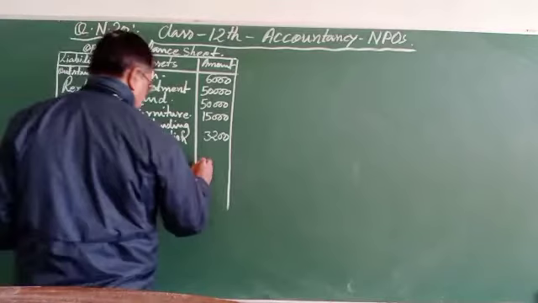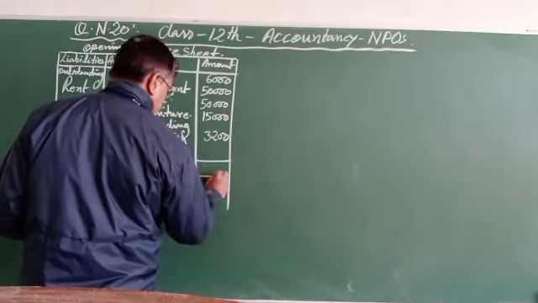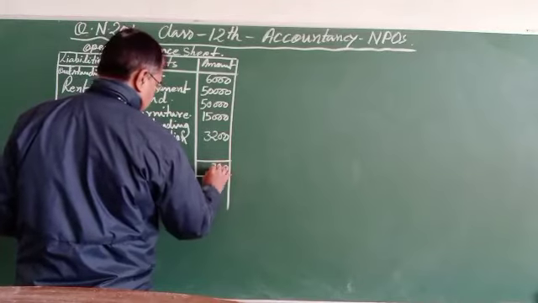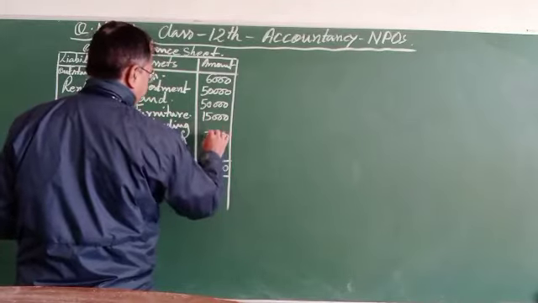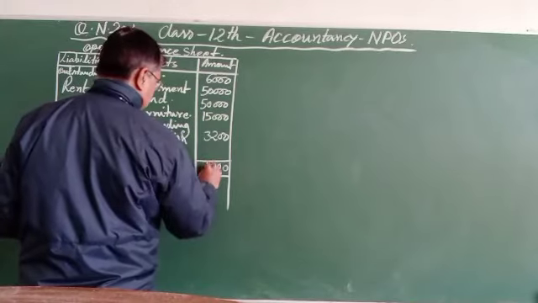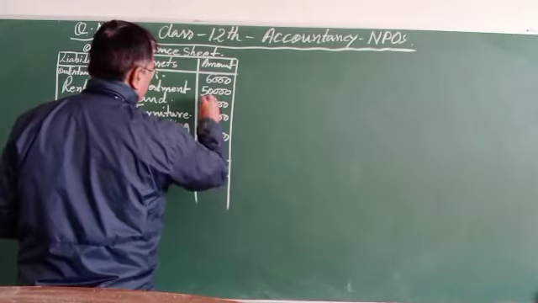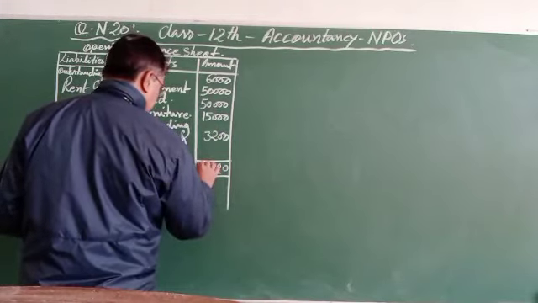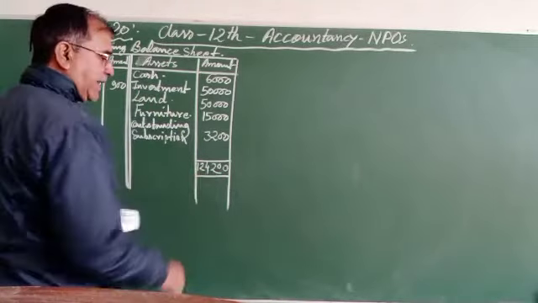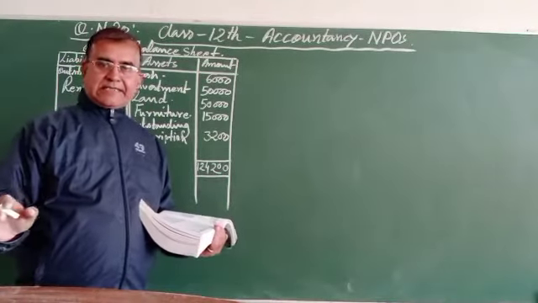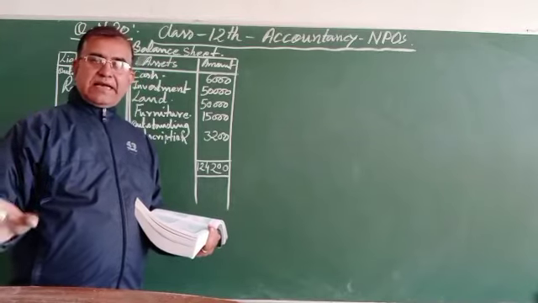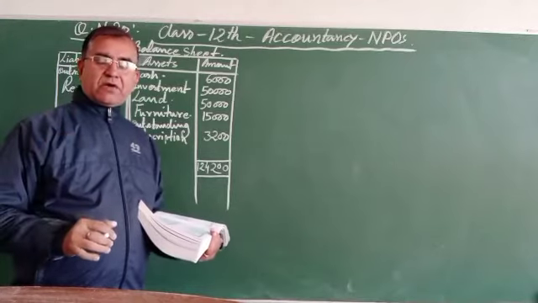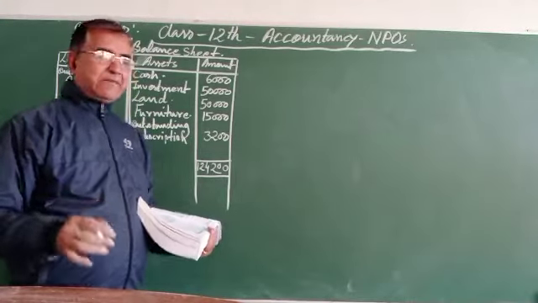Now the total of the assets column is 1,24,200. You know very well, assets is equal to liabilities plus capital. So capital is equal to assets minus liability.